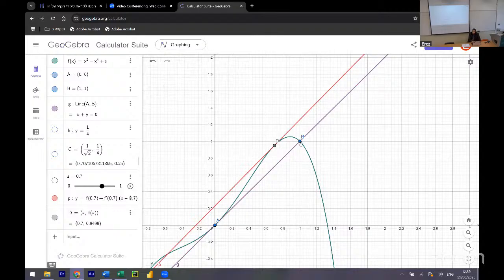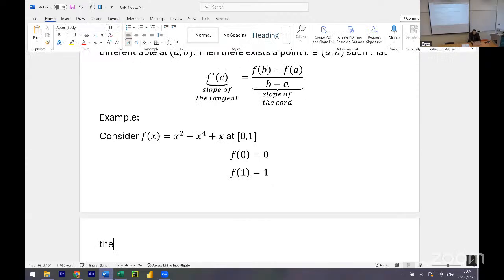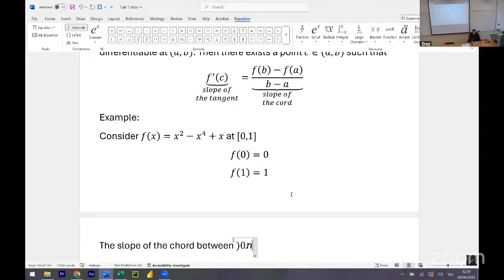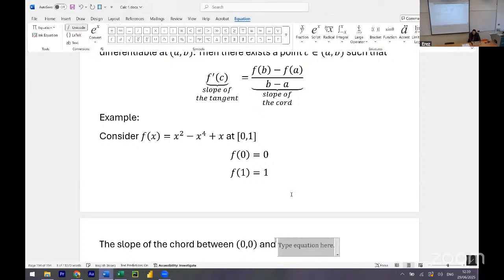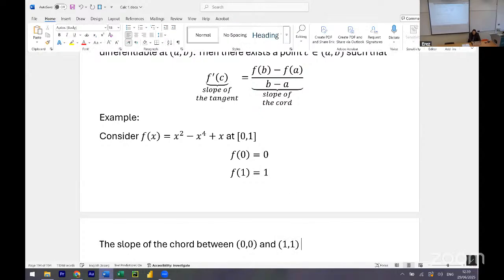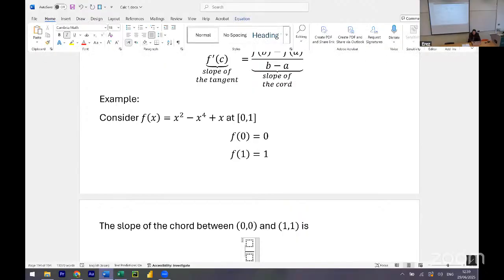What's the slope of the purple chord between (0, 0) and (1, 1)? What is it? 1 minus 0 over 1 minus 0, which is 1.